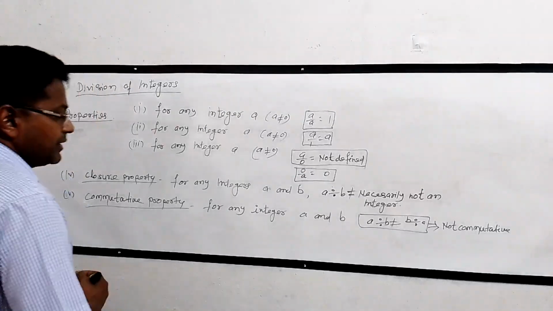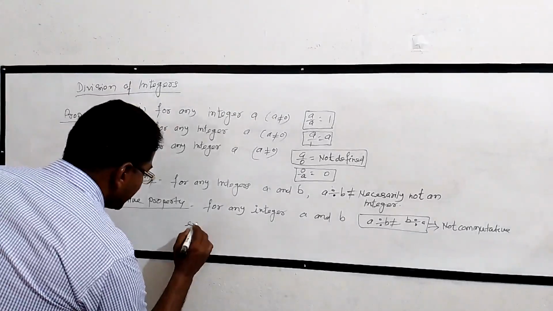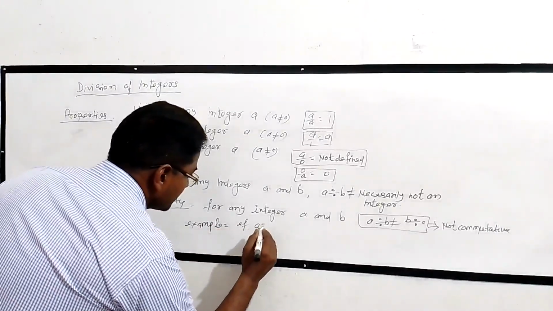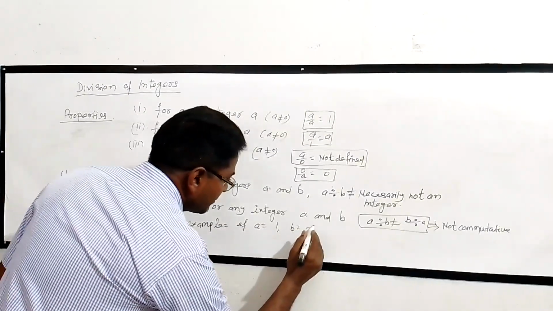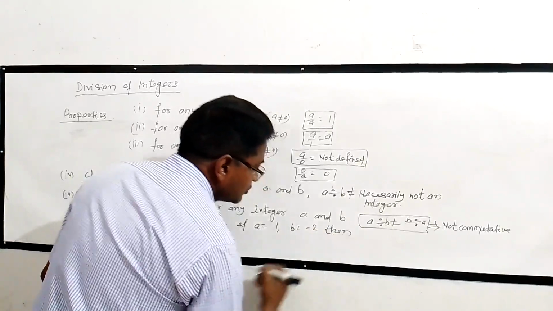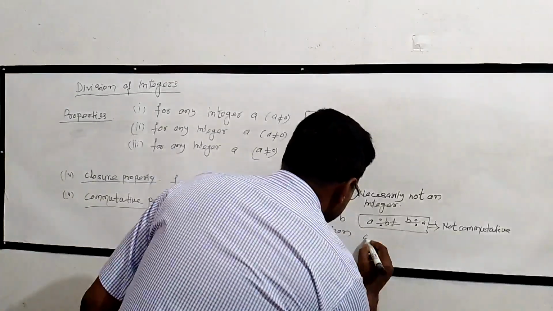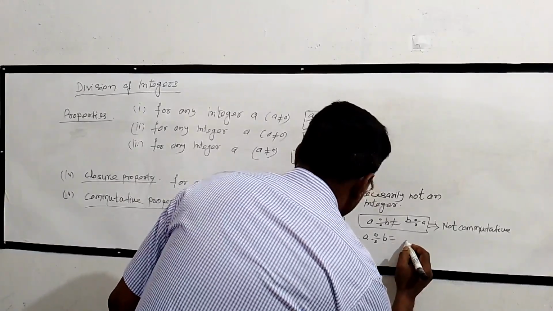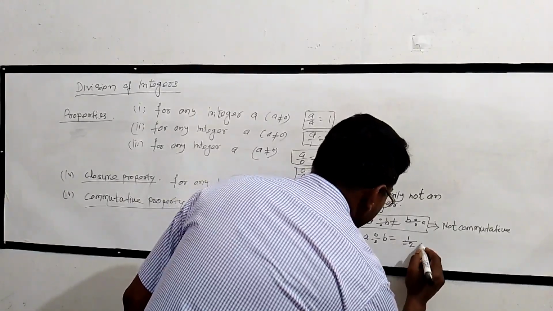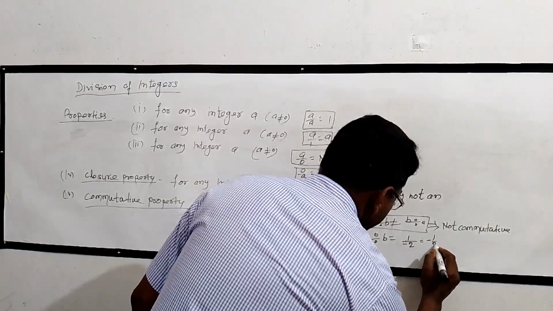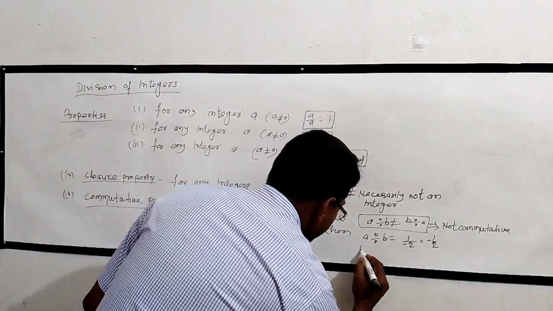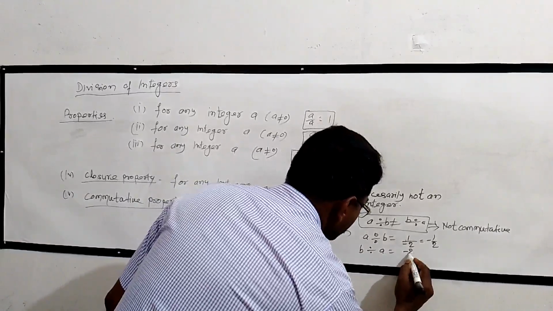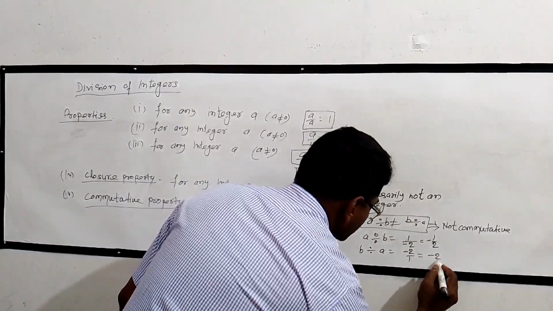You can take an example. If a equals 1, b equals minus 2, then a by b is equal to 1 by minus 2, which is minus 1 by 2, and b by a is equal to minus 2 by 1, which is minus 2.